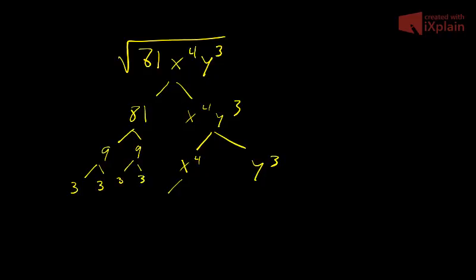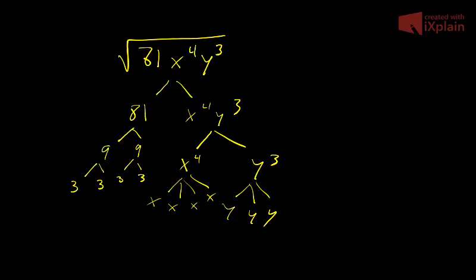X to the 4th is going to be 4 different x's, x, x, x, x, and y cubed is going to be 3 different y's. Y, y, y.